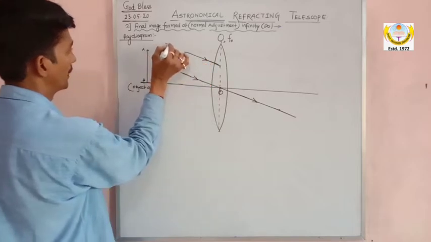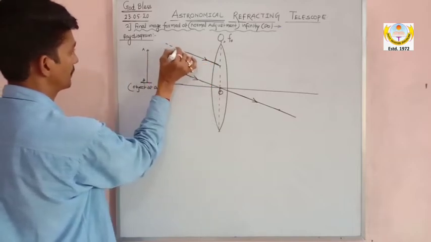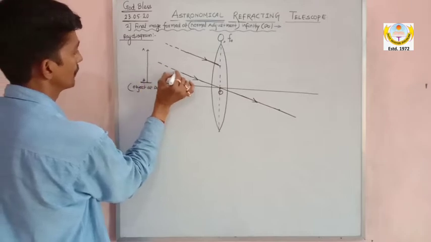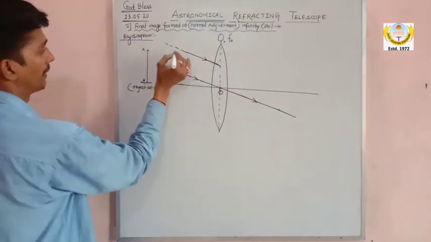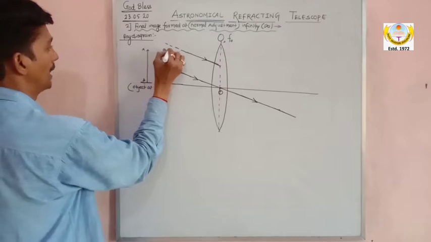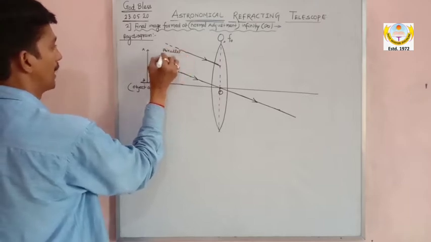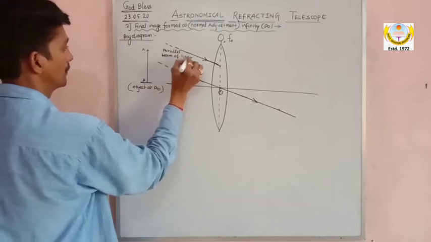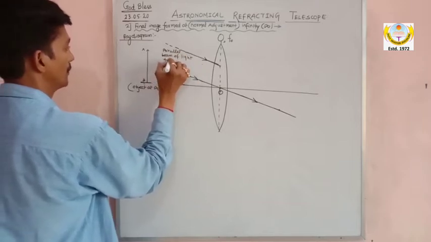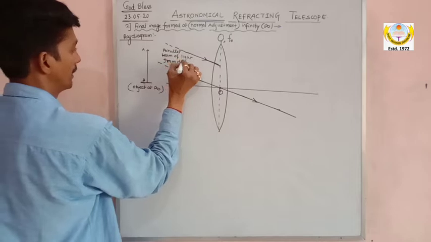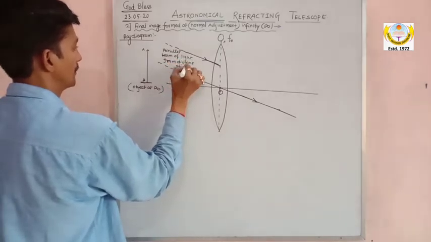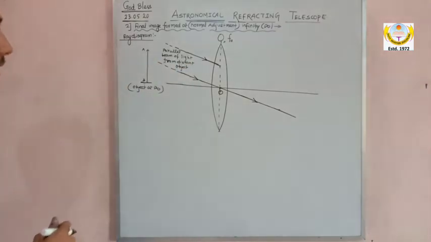I can draw it as a dotted line at the back like this. And here I can write: parallel beam of light from distant object.